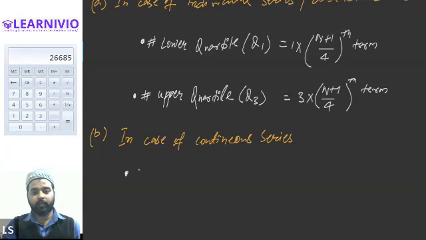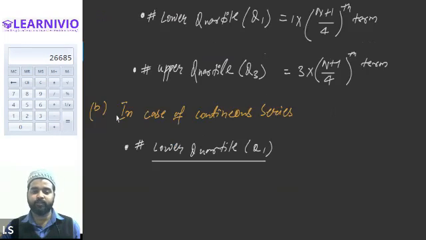So if you want to calculate the lower quartile in case of continuous series, we have to apply this formula for calculating Q1. Basically, in this case, we calculate Q1 in two stages, two steps.